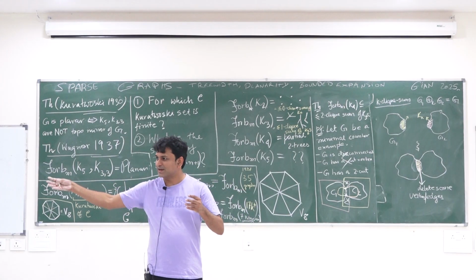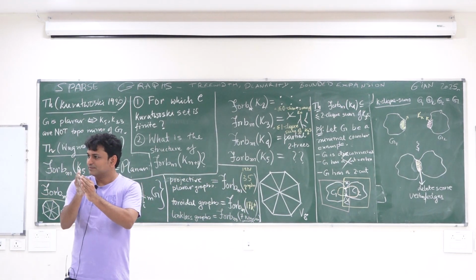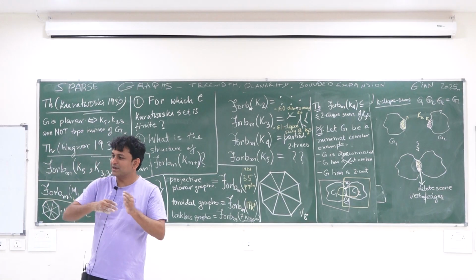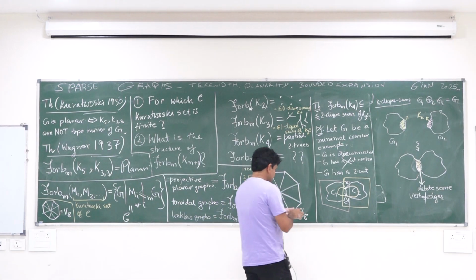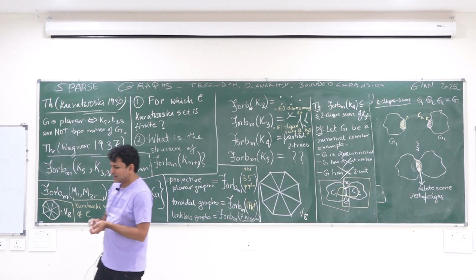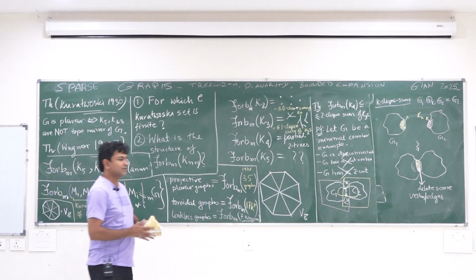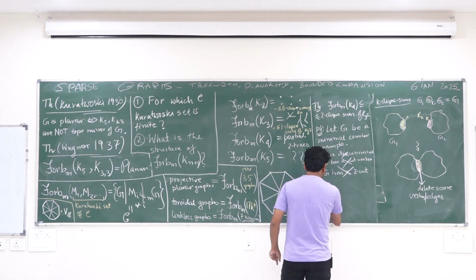And similarly, I get C2 with the additional edge, and I glue them. I do 2 clicks up and delete the edge. Okay, so G cannot have a 2 cut. That part is enough. So G cannot have a 2 cut.